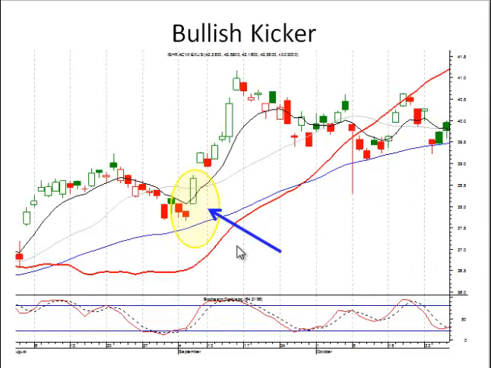The nicest signal is seeing a downtrend followed by a gap up and a kicker signal going the opposite direction, and breaking the T-line, and breaking this downtrend, and bringing your stochastics back up. That is all the elements for a very strong price move.